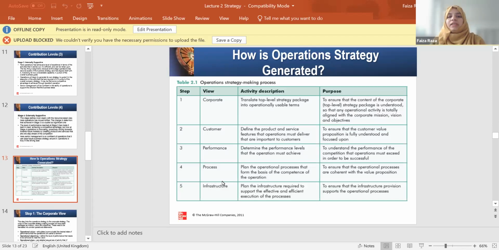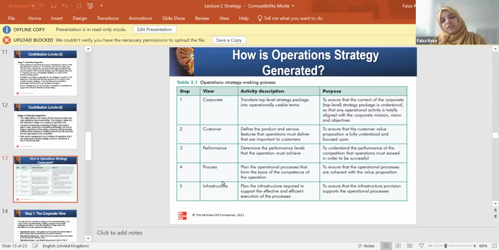The fifth and last thing to consider is infrastructure. Whatever you are making the operation strategy for, is it achievable through the infrastructure? For example, if you need some kind of machinery for achieving a specific production, do you have that machinery or not?